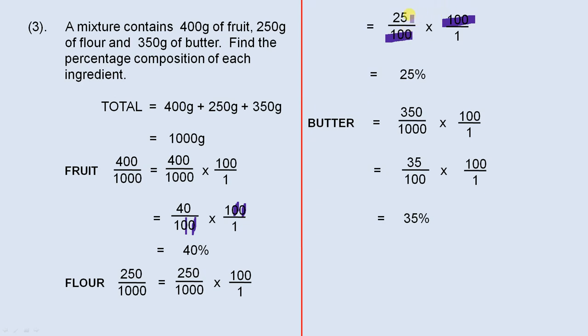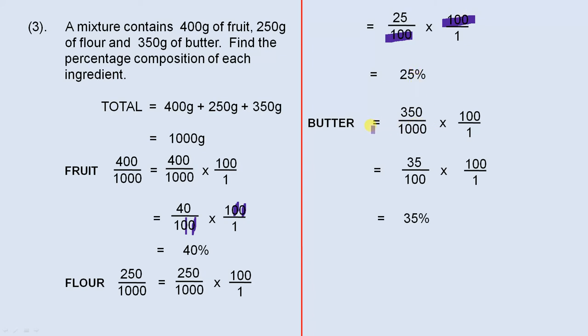You can cancel anything from the top line, that is from the numerator of either fraction, with anything from the denominator of either fraction. So one number from either numerator can be cancelled with a number from either denominator. So in each case we've cancelled out the hundreds, so that leaves us with 25%.